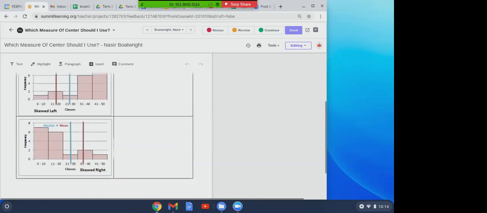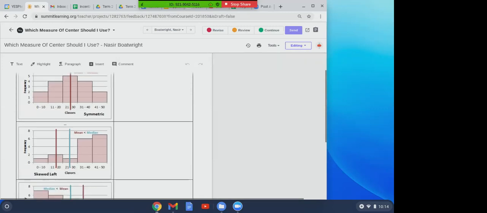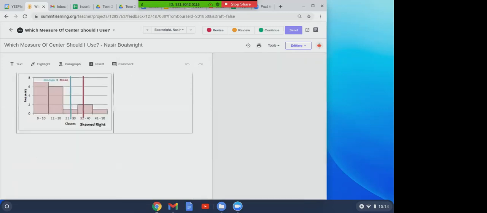And again, you are merely answering the question. Given each data set and looking at the shape of the distribution, which measure of center should be used to best communicate the data? So that's what you're going to write. You can put the answers at the bottom. So symmetric, what would be the best measure of center?